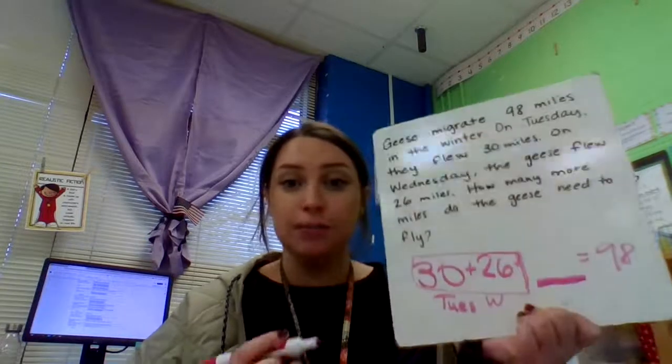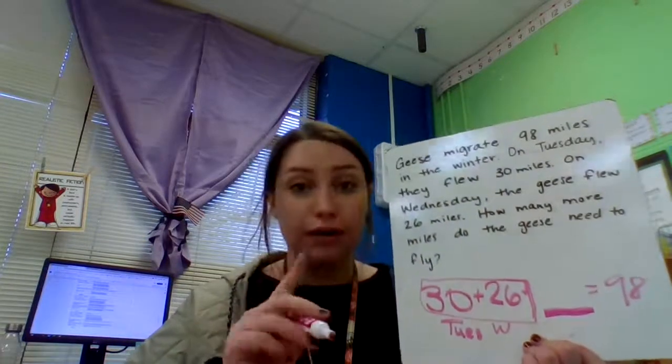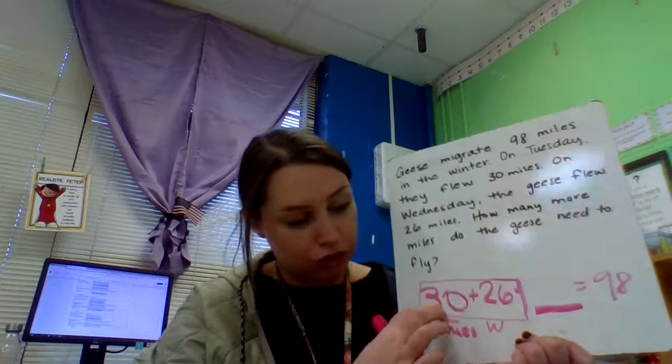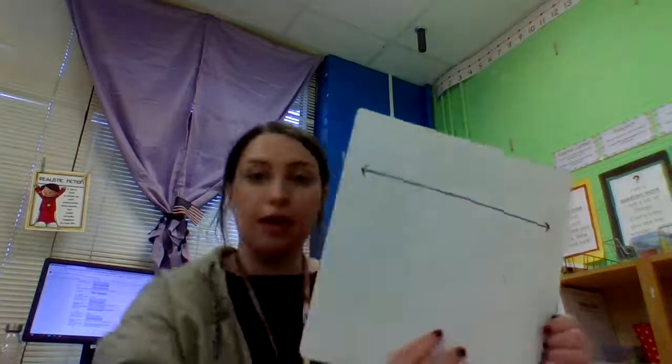So first, let's do part 1 of this problem, which is solving 30 plus 26. We're going to solve that on the number line, okay? So, let me get my number line together here. Hang on. So, this is my number line.